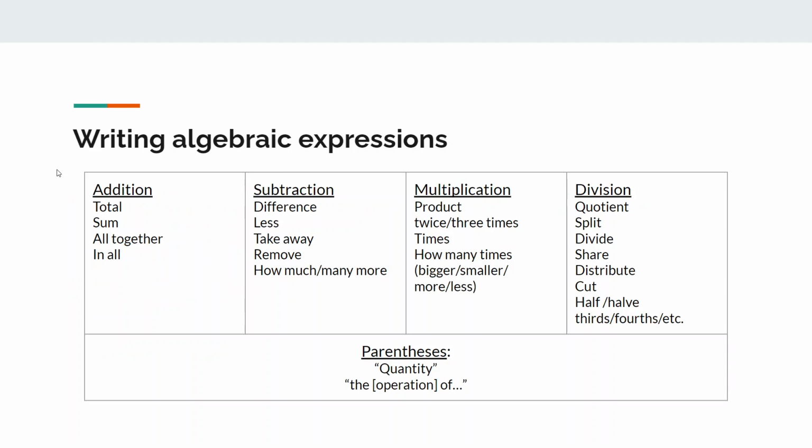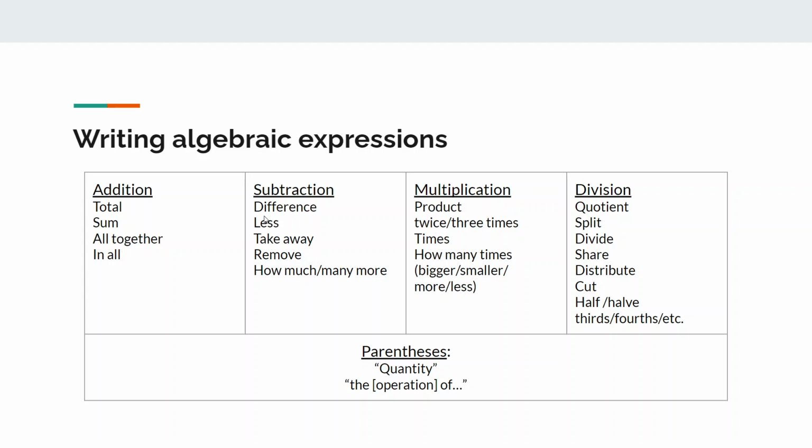And lastly, writing algebraic expressions in context and interpreting them requires you to know what operations each word means. So this is just an example. This is not an exhaustive list. This is just some of the most common words that mean certain operations. If you see words like total, sum, altogether, in all, that is an addition word.